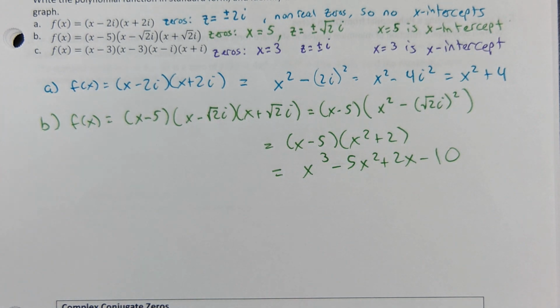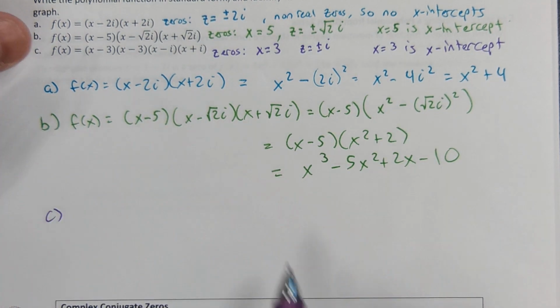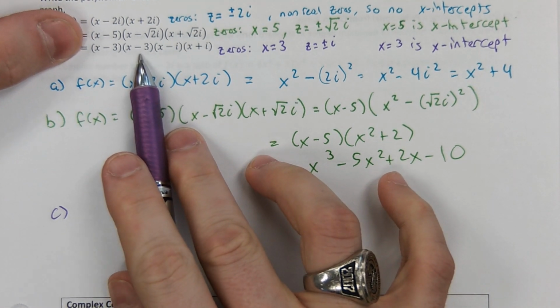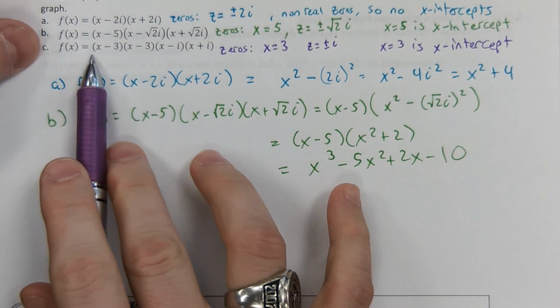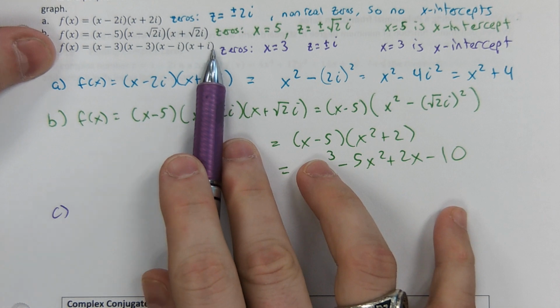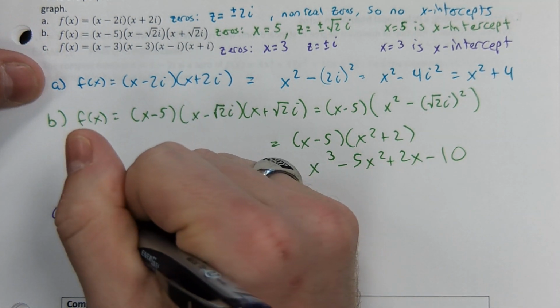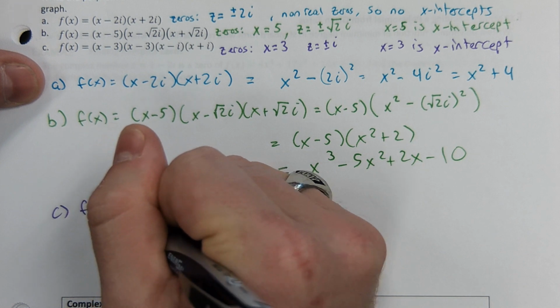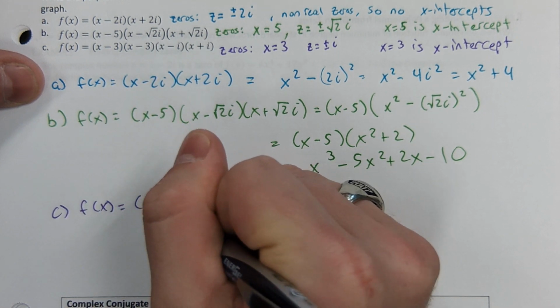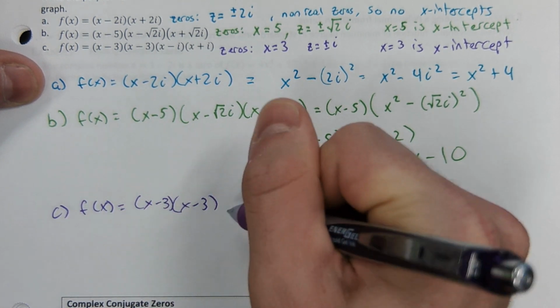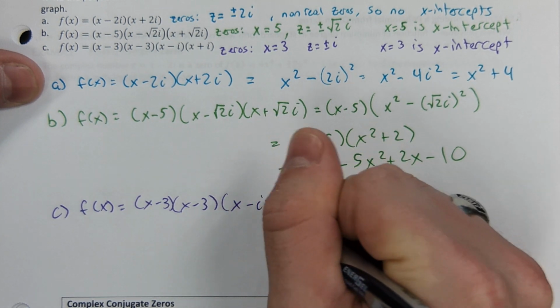Purple? Yeah, I'm holding the purple pen. c. I'm going to save some space, and we're going to pretend I wrote this out again. Actually, I'll write it out again.